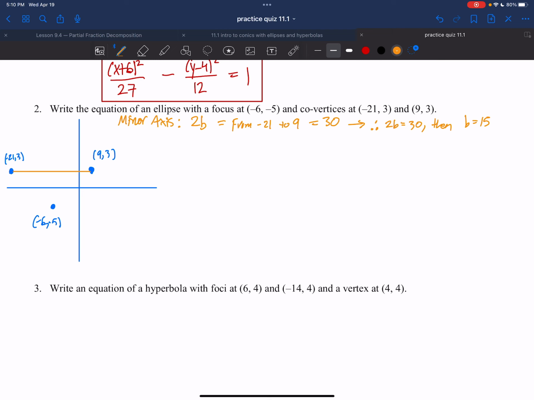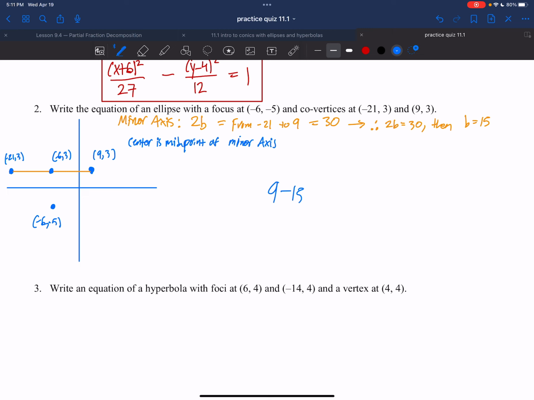Have I found the center? Well, no, I haven't yet, but I could, right? Because the center is the midpoint of the minor axis. So it's right there. And if 2b is 30, then that distance b is 15. So you can either do 9 minus 15, and that will get you negative 6, comma 3.